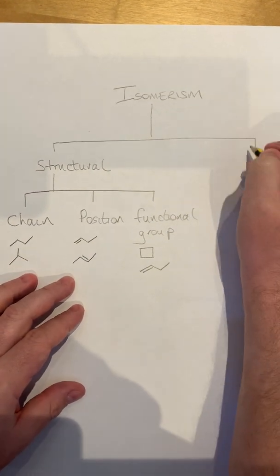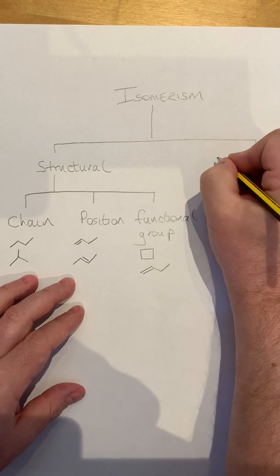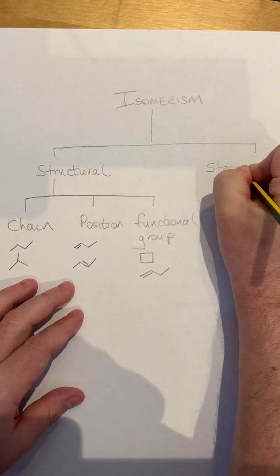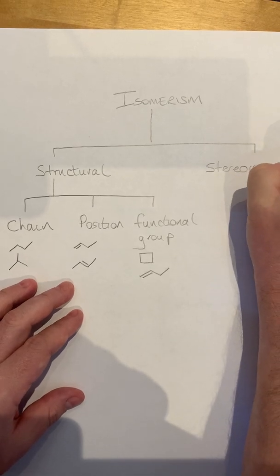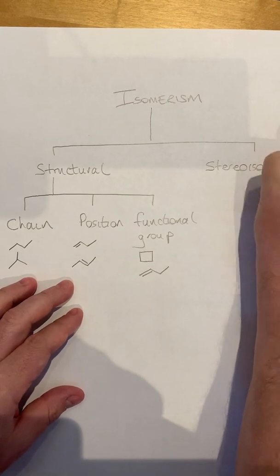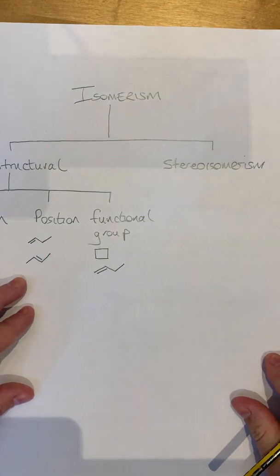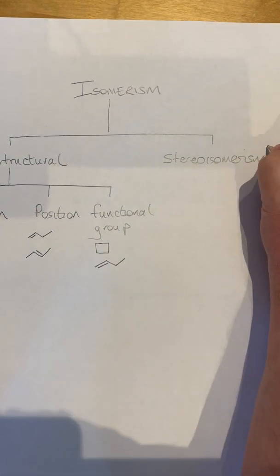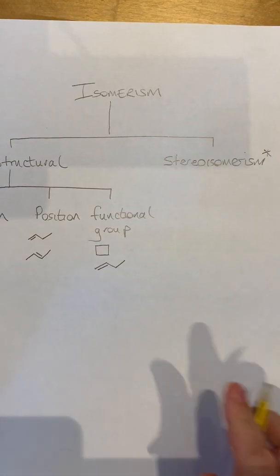Now, the other type of isomerism that we haven't covered, but we will now begin to cover, is called stereoisomerism. Now, stereoisomerism, and I'll write the definition down here.